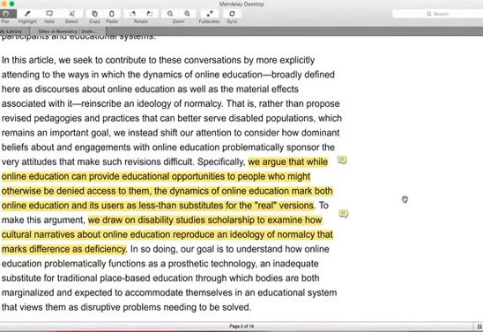So that's the idea that I understand from this sentence.